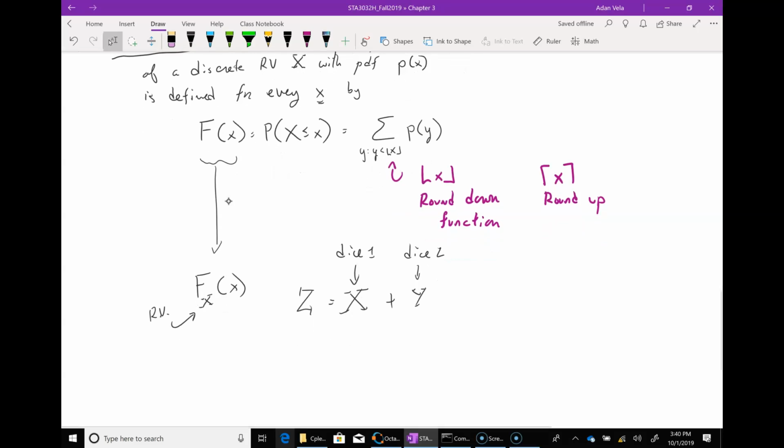In that case, we can talk about the cumulative distribution of y, and the cumulative distribution of x, and we're clear about which one we're talking about. And of course, we can talk about the cumulative distribution of z.